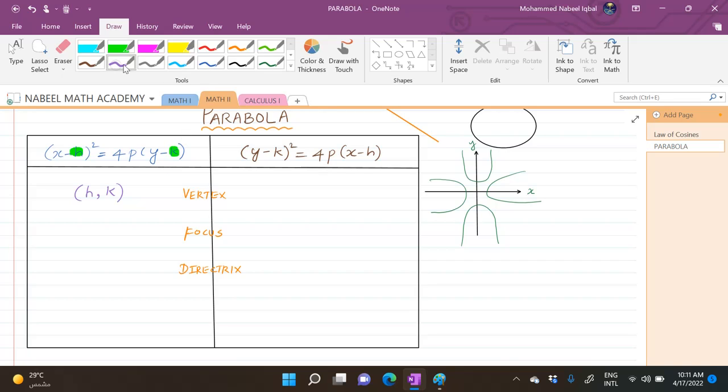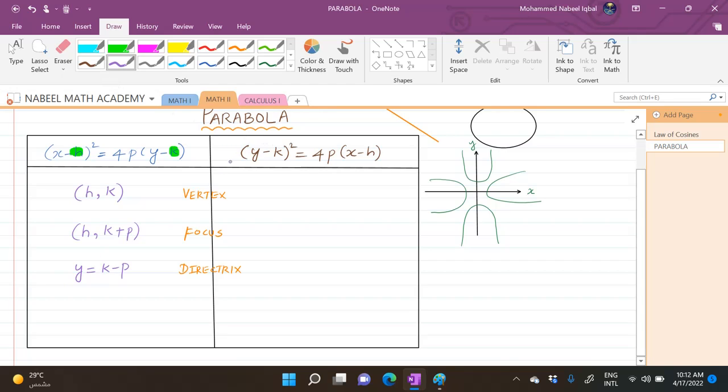Let us go with the next one. What is the focus? When the axis of symmetry is the y-axis, there is a change in y: the focus is h comma k plus p, and the directrix is given by y equals k minus p.